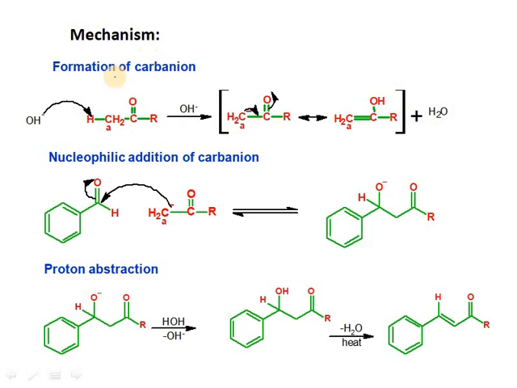Now we will discuss in detail how the mechanism of the Claisen-Schmidt reaction works. In the first step, a carbanion forms by abstraction of a proton. A strong base like OH minus picks up a proton from these carbons. These are alpha carbons with 3 alpha hydrogens.